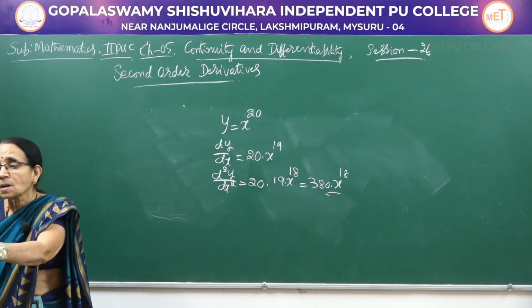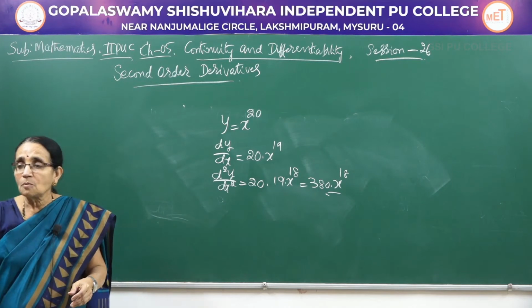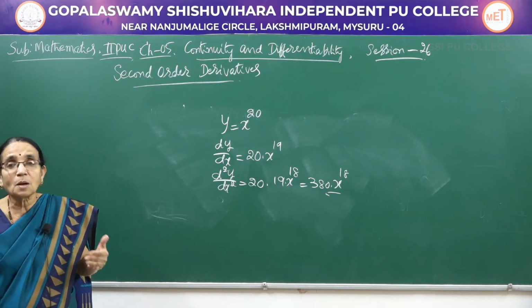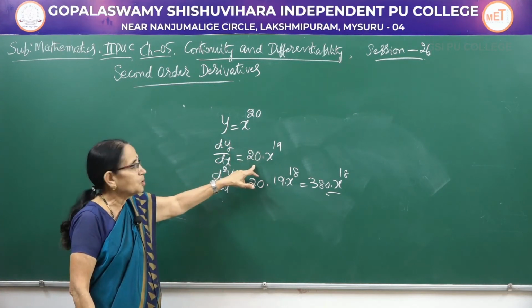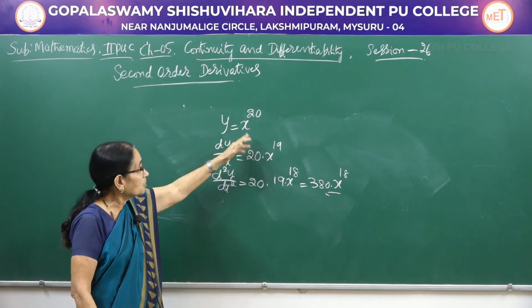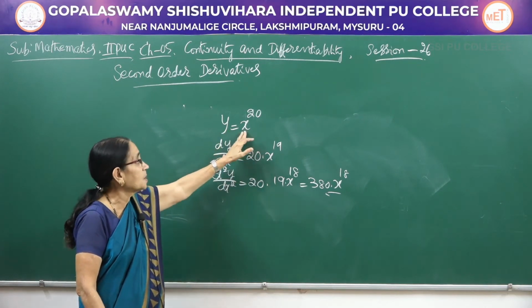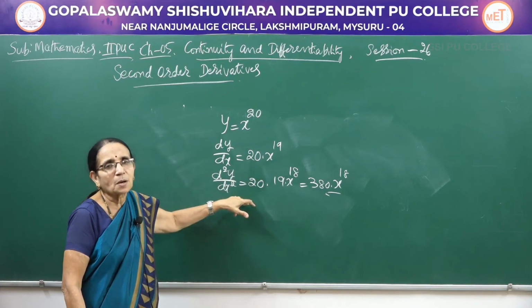Sometimes when you differentiate for the second time, the second derivative may become 0 also. Suppose it is x square we are having. One time you differentiate, 2x, and the second time, suppose you are having not x square, only x. When you differentiate x, it becomes 1. If you differentiate again, it becomes 0.